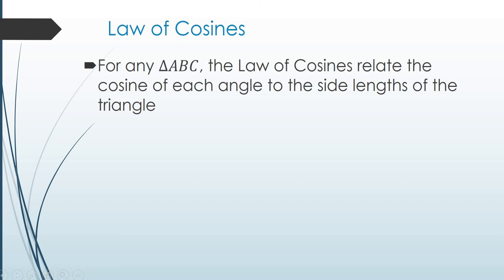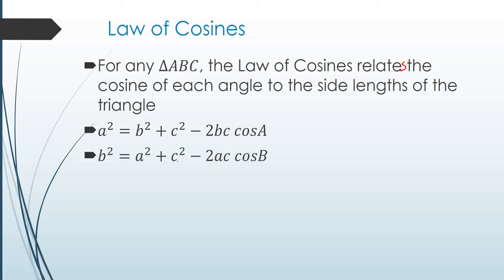So for any triangle ABC, the law of cosines relates the cosine of each angle to the side lengths of the triangle. And the law of cosines looks like this. So this is a formula that you need to know, and it tells you how to set up a relationship between side lengths and the cosine of one angle.